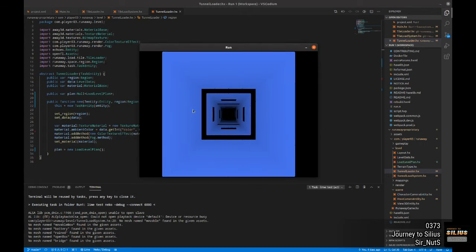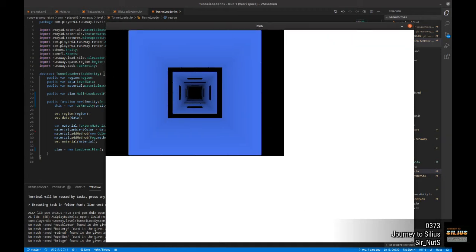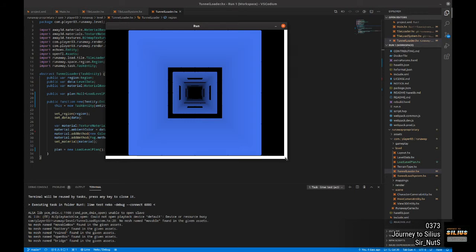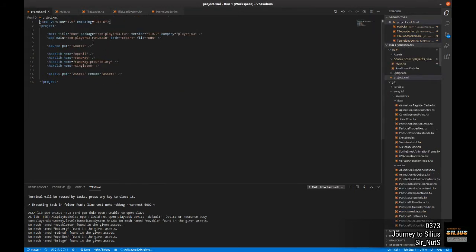I have here a tunnel that does not scale. I will have to fix that. Well, good to know. I think for now I will just make a bigger window.